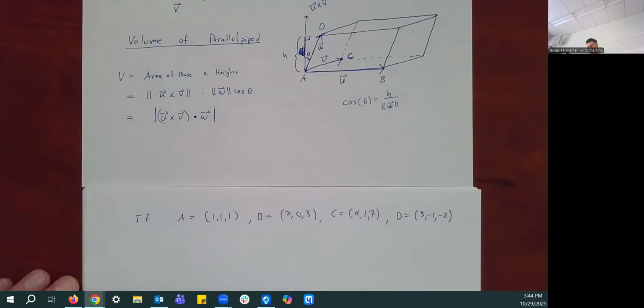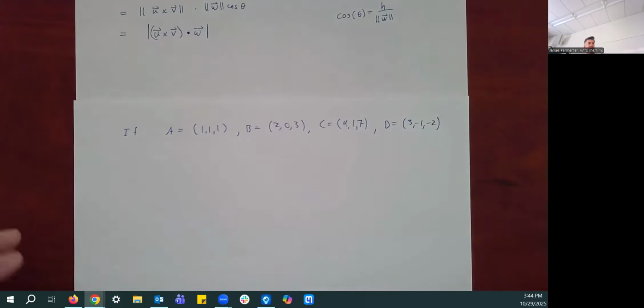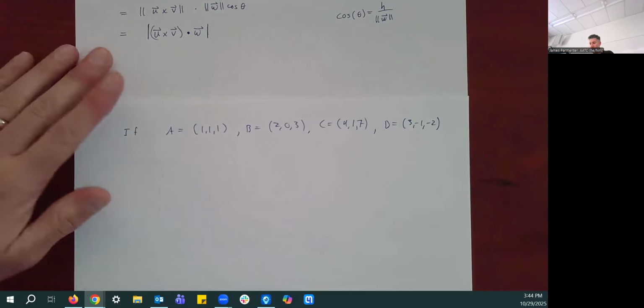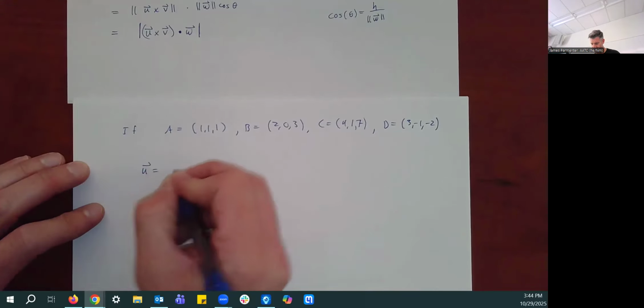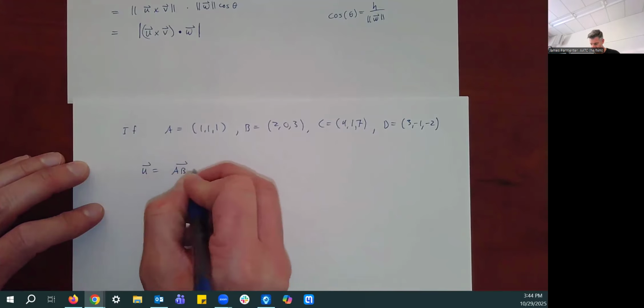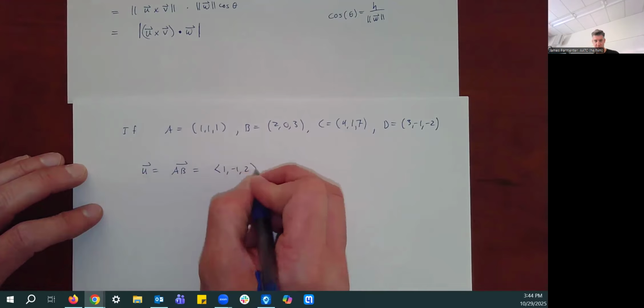We could, if we really, really wanted to, use that to find the volume of the parallelepiped that those 4 points would give you. So I have to find U, which is the vector AB, which is going to be 1, negative 1, 2.